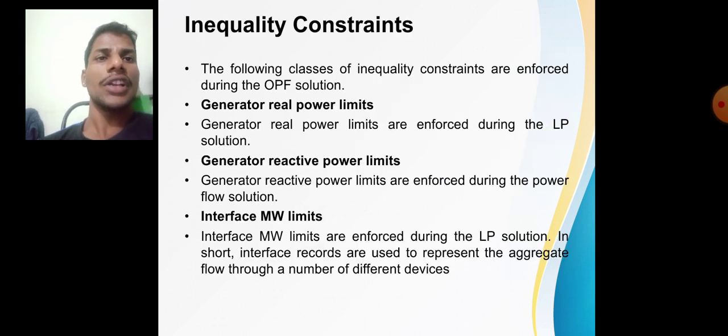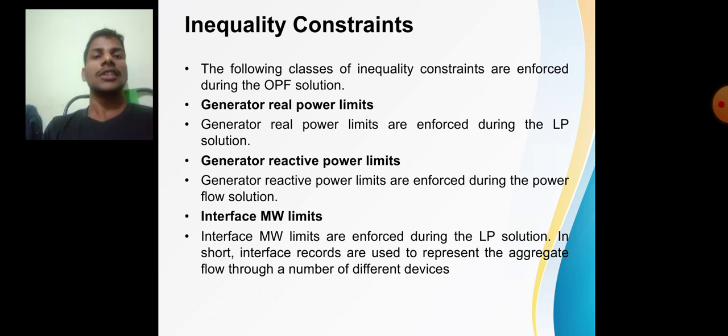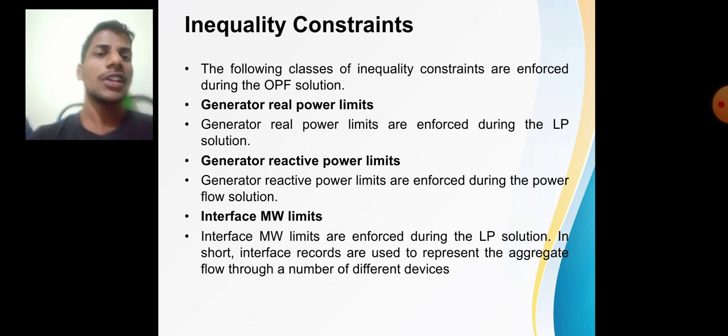Coming to inequality constraints, the following classes of inequality constraints are enforced during the OPF solution. Generator real power limits are enforced during the LP solution. The generator reactive power limits are enforced during the power flow solution, and the interface megawatts limits are enforced during the LP solution.